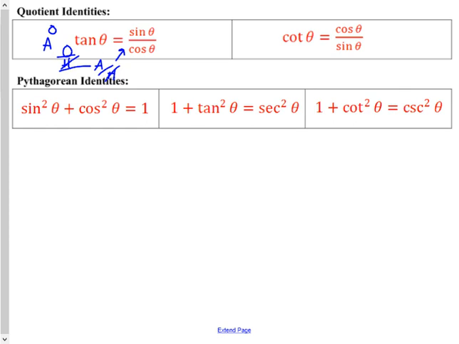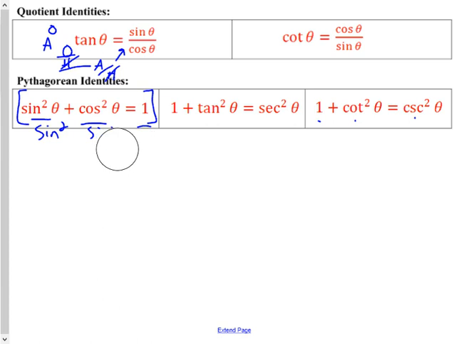There are also Pythagorean identities, right? Technically, you only need to memorize this one, and then you can divide everything by sine squared. Sine squared over sine squared is 1. Cosine squared over sine squared is cotangent squared, and 1 over sine squared is cosecant squared.